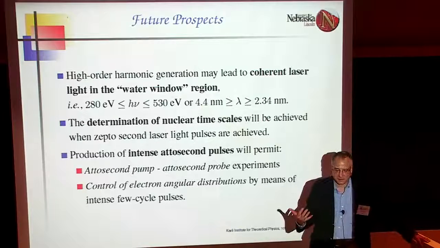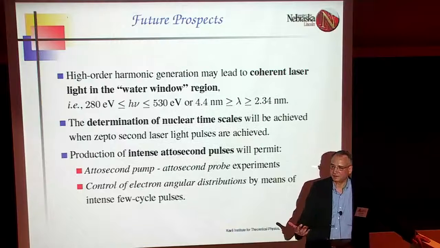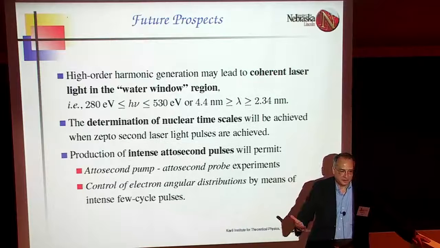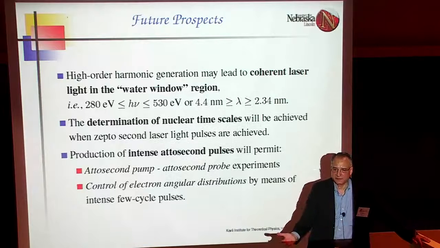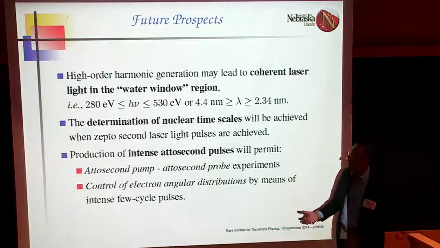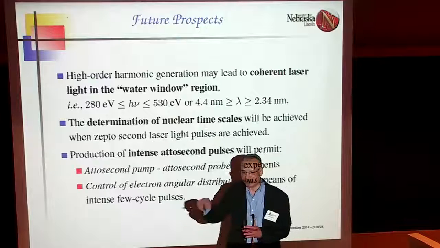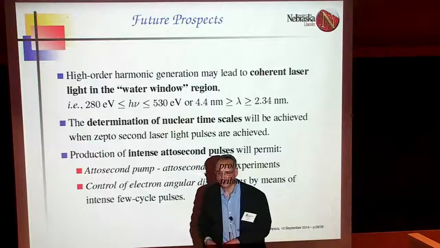If you shine light on a living object, most living objects are made of 90% water. And if you use visible light, you don't see anything because the water absorbs the light. But in the water window, what is water? Water is H2O. It's hydrogen and oxygen.